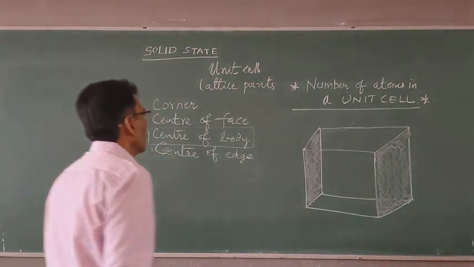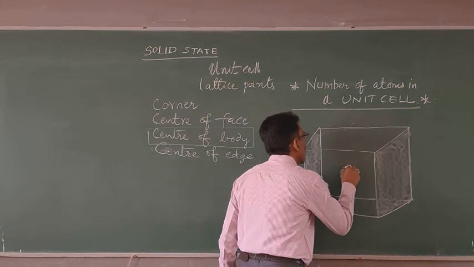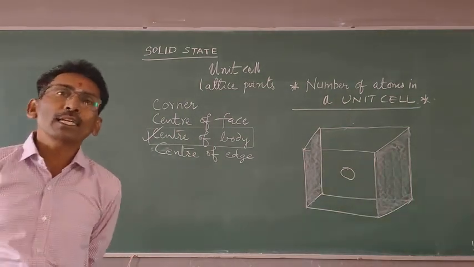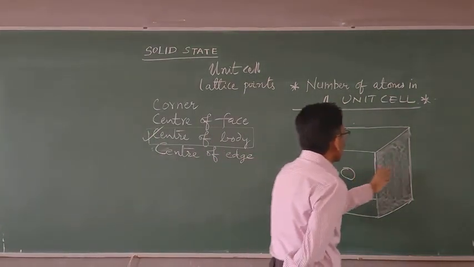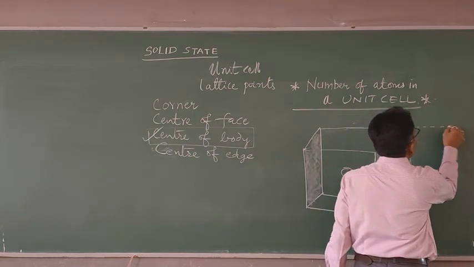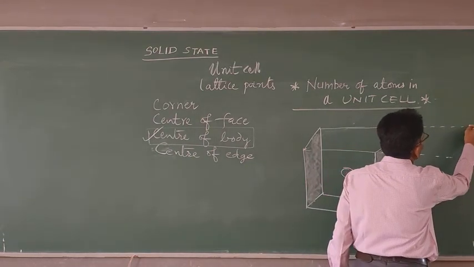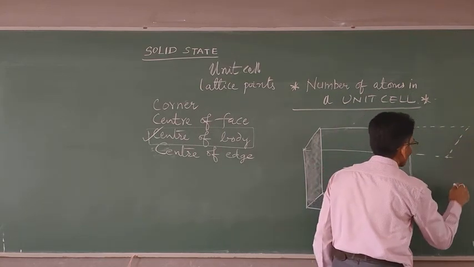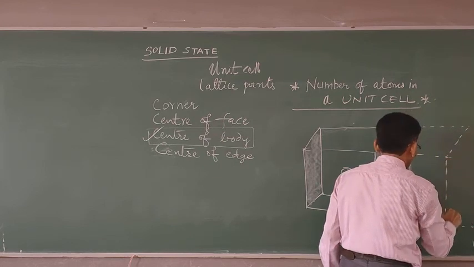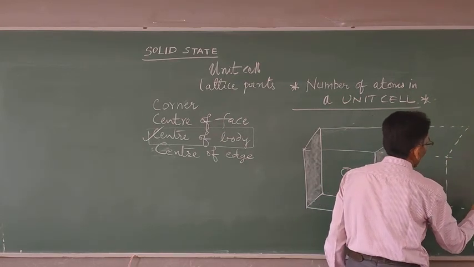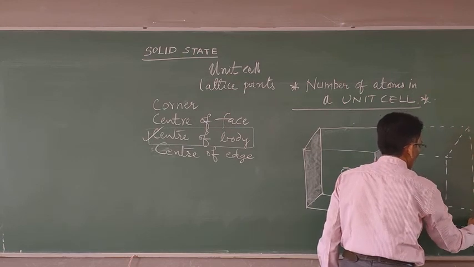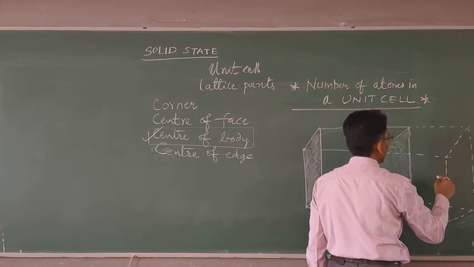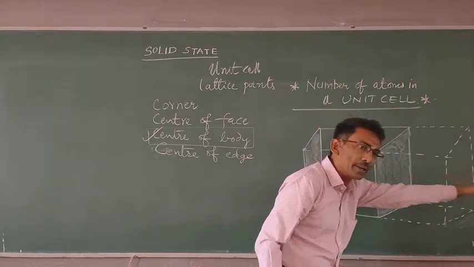Okay, now the particle at the middle of the cube, that is the body center, is not belonging to neighboring unit cells. So if you extend this one like this, you will get a neighboring unit cell.